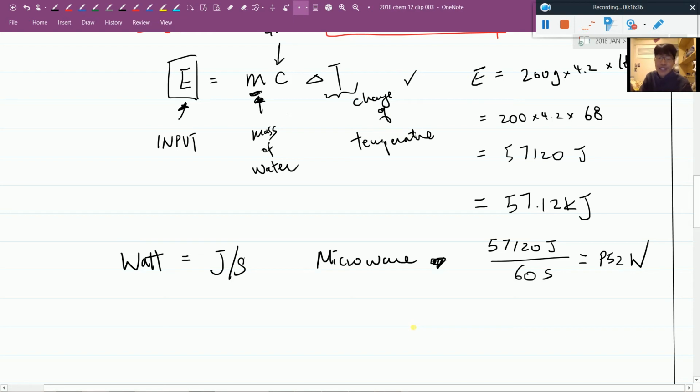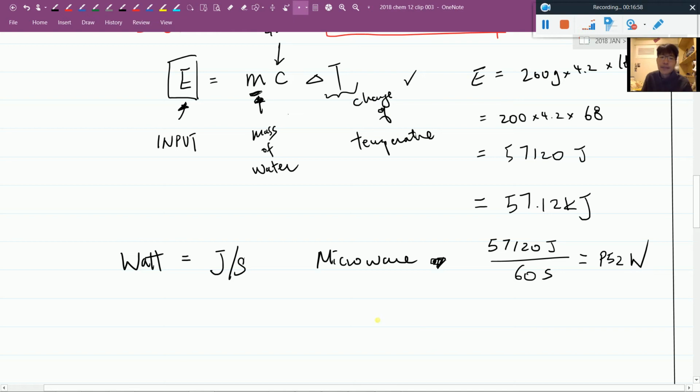Pretty close. So try to put 200 ml of water in the microwave, change the temperature, and you may be able to check whether your microwave is still in good condition. Because if it claims 1800 watt and it only gives you like 1000 watt, then you know that it's going downhill.